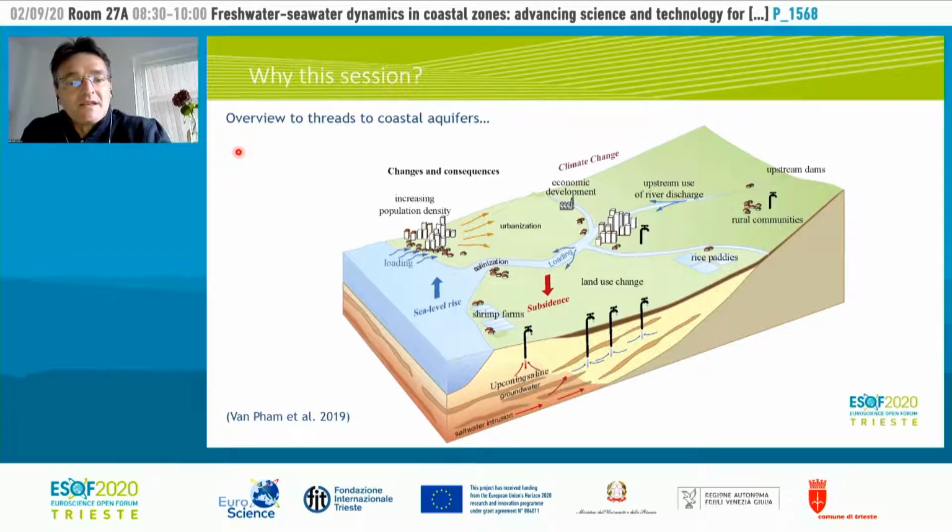And so we see here, while we see sea level rise on the one side, we have the increasing population density and the urban sprawl. I hope you can see that pointer now. We have economic developments along the rivers. We have maybe upstream dams that are controlling the inflow. And one example that I will show in a second will reveal that, hopefully. And we see land use change near the coastal areas where maybe lots of water is needed to irrigate, to support drinking water facilities, to support the cities and also the rural areas with high quality water.